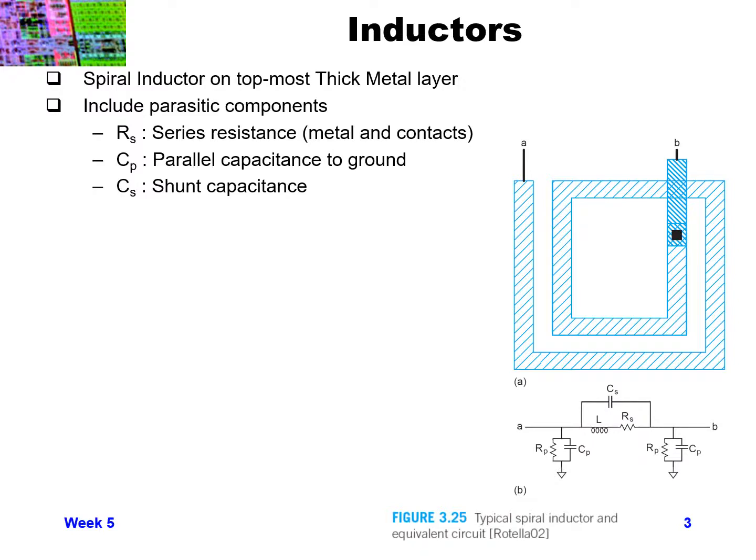You will have some capacitance to the layer below it, but then you also have the shunt capacitance, or capacitance between successive windings. So again, being the topmost metal layer, it's thick, but it also has a wider space between windings to reduce your capacitance values.